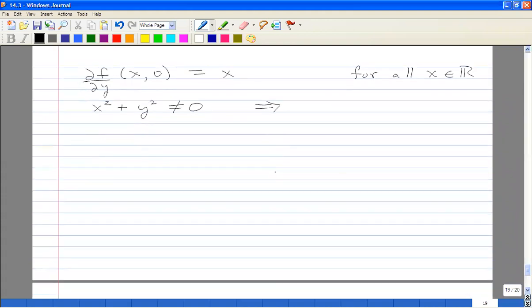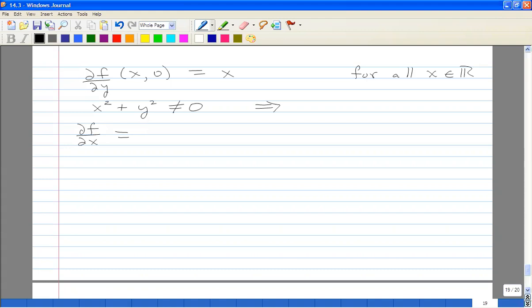Let's look at the partials. So if I'm away from the origin, I can just take the normal partial. So it's the derivative of the numerator.